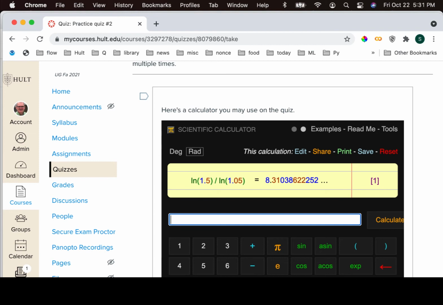So according to this, it'll take us about 8.31 years to go from 10,000 to 15,000 if the interest rate we're earning is 5%. And since the question asks for us to provide the answer to one decimal place, we'll just say 8.3.